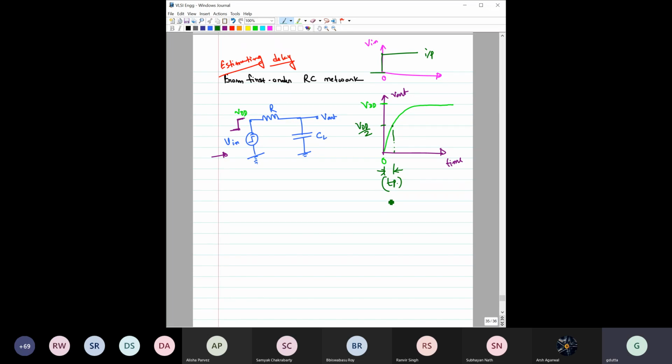Now, can you tell me what would be the propagation delay for this simple circuit? Yeah, anyone who wants to tell? Arsh, Alisha, Shommuk, Shubhayan, Ranveer.